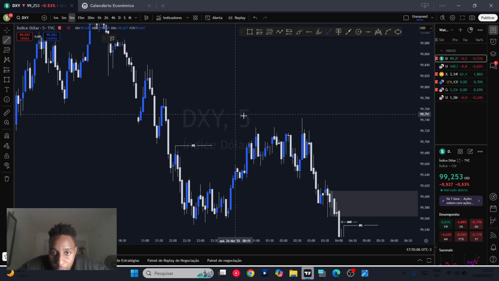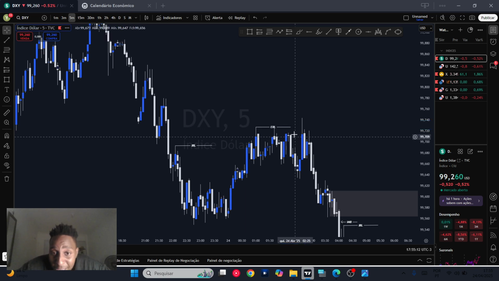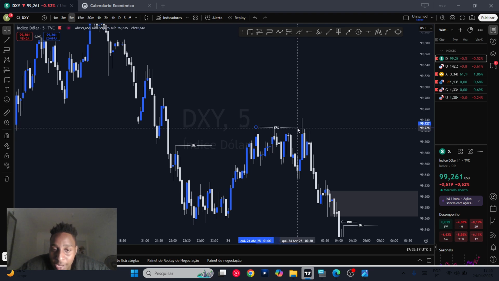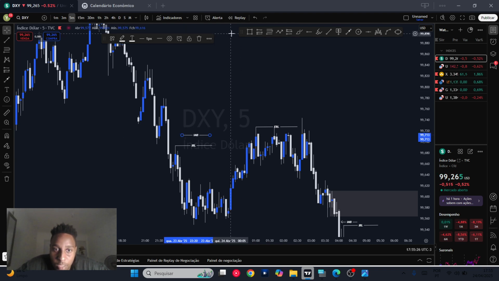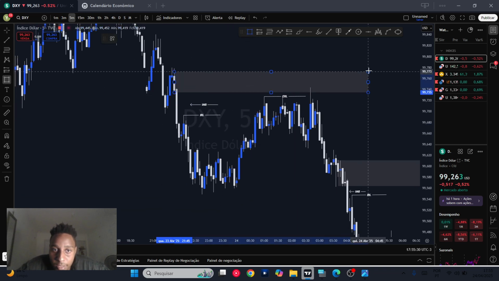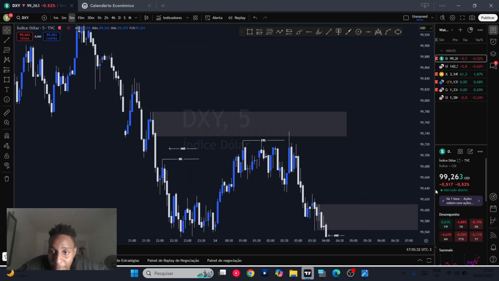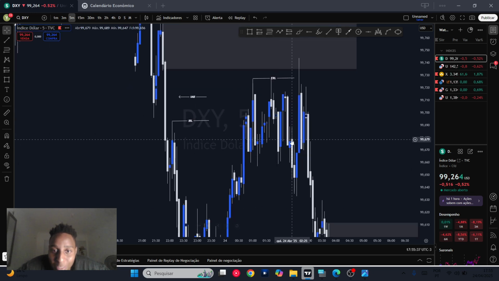So this move down becomes external range liquidity, especially because this is a double top. And you guys know very well that if it's a double top, our setup is 100% valid. So imbalance right there, and then our demand candle.